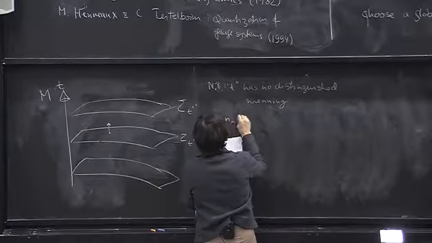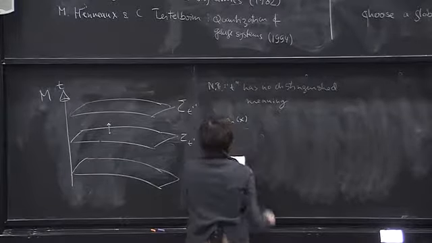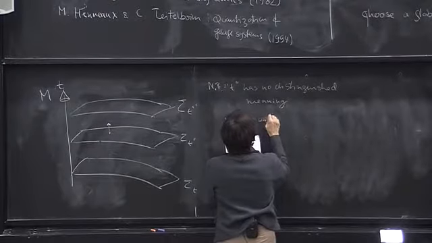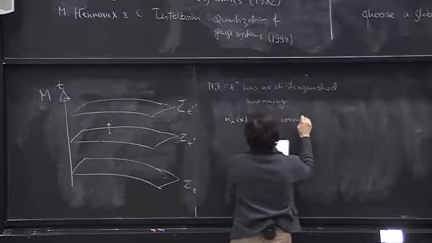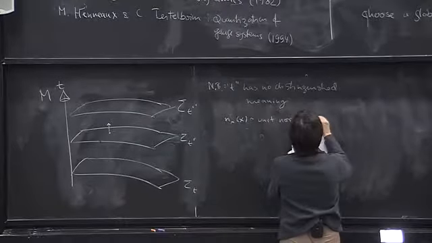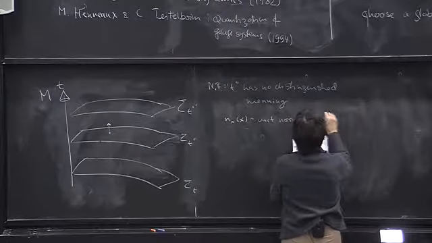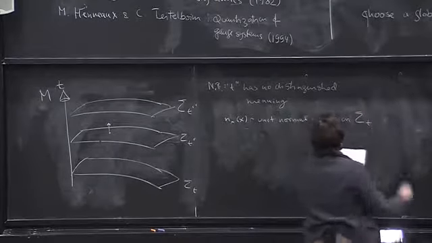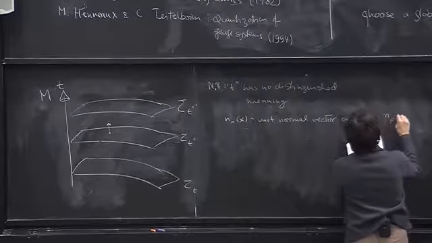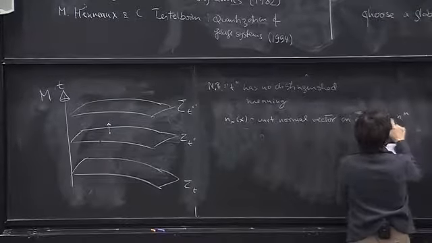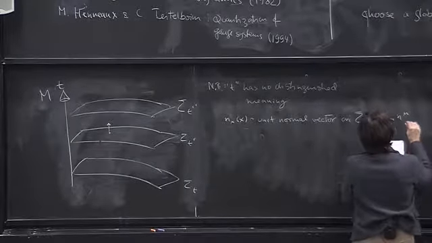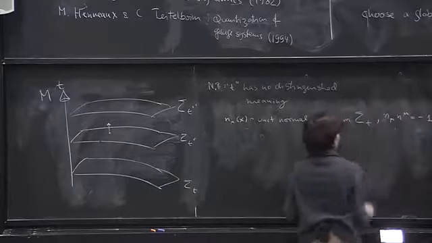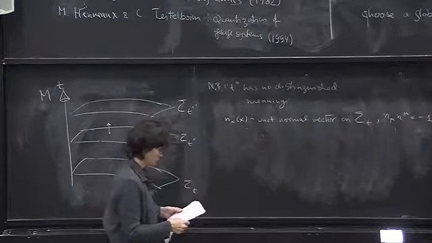So here is my normal vector, little n, the unit normal vector on all the Σ_t's. So n_μ n^μ = -1, where this index is pulled up with the metric g^{μν}.